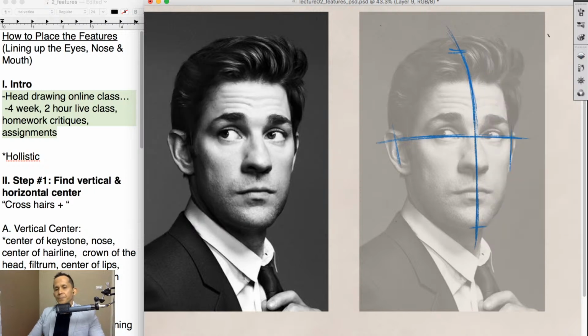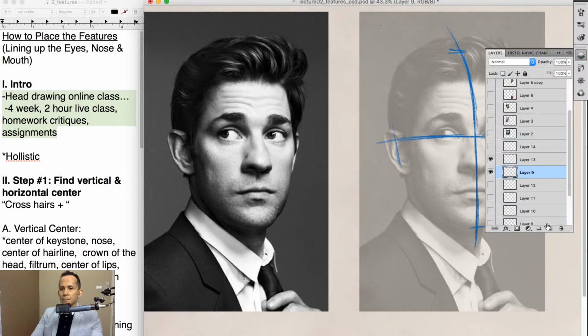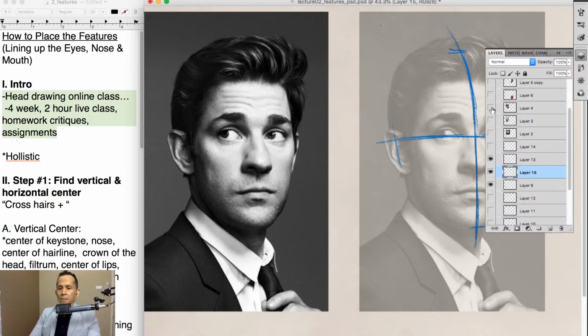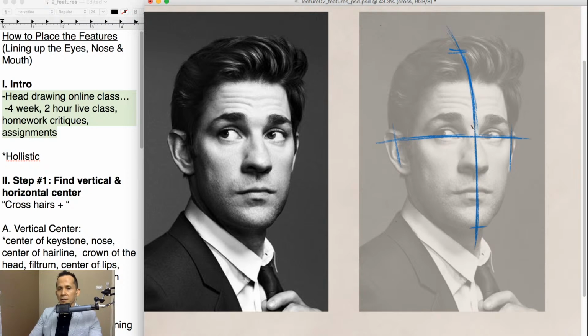And this is where we get into actual placing of the features. Just a quick overview here. And that's why I call them crosshairs, because they look like a target.